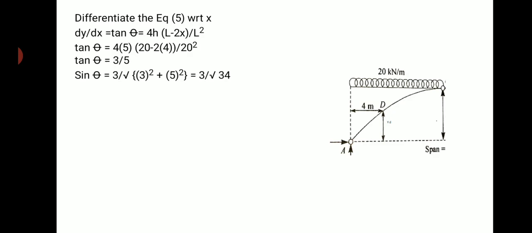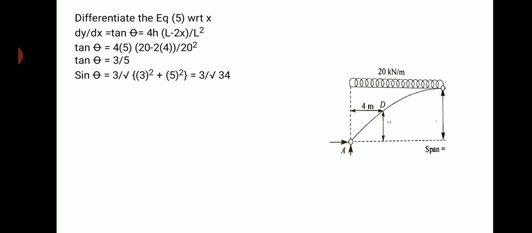So if tan theta is equal to 3 by 5, as I know that tan theta will be opposite by adjacent, and sin theta will be equal to opposite by hypotenuse. I need to find out sin theta and cos theta out of this tan theta.